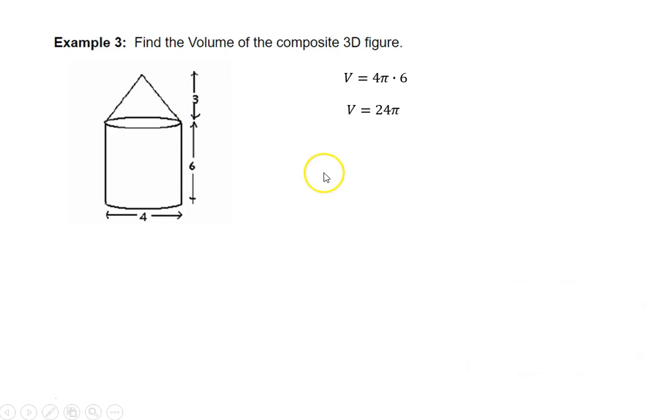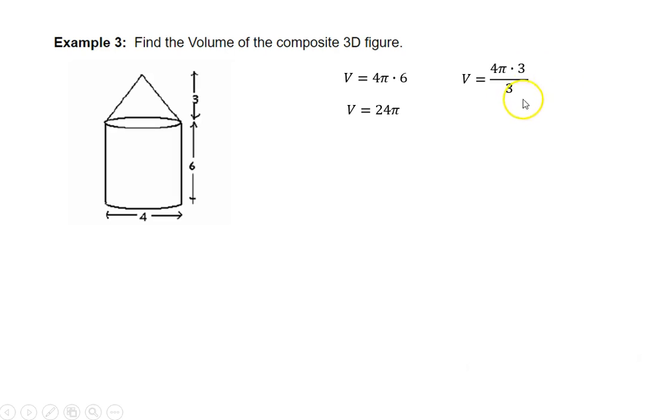The volume of the cone is the same as the formula for the volume of a cylinder, just divided by 3. So plug in those values in. 4 times pi is again the area of this circle because the radius of the circle is 2. They tell us the diameter is 4. So 4 times pi, area of the circle, times 3 because 3 is the height of the cone as indicated right here.